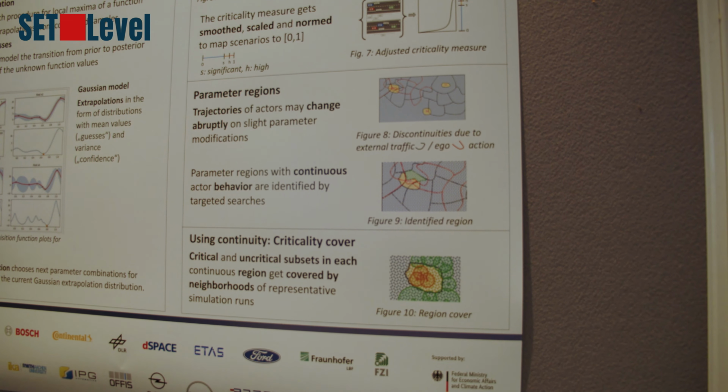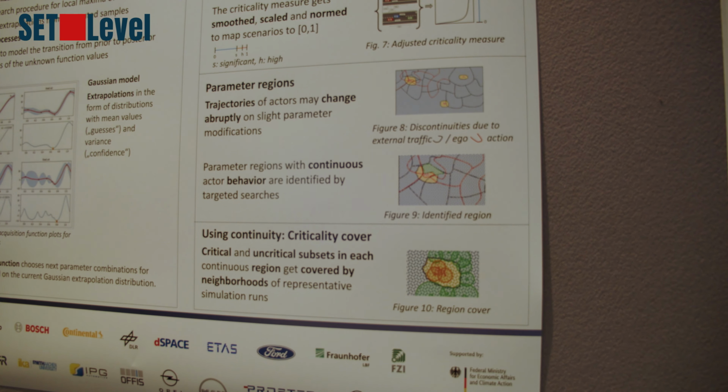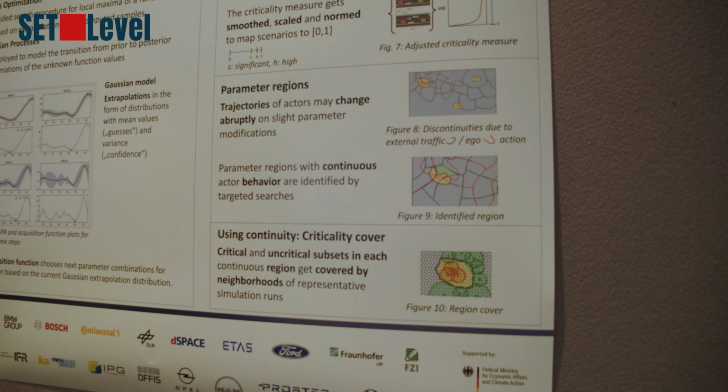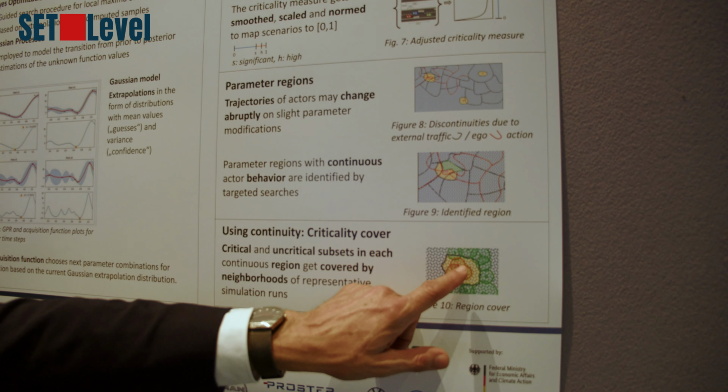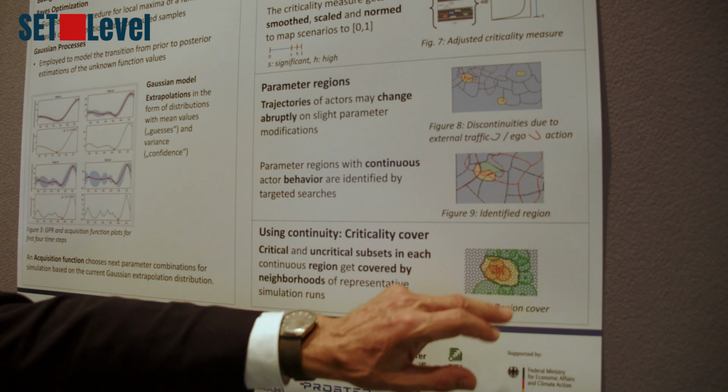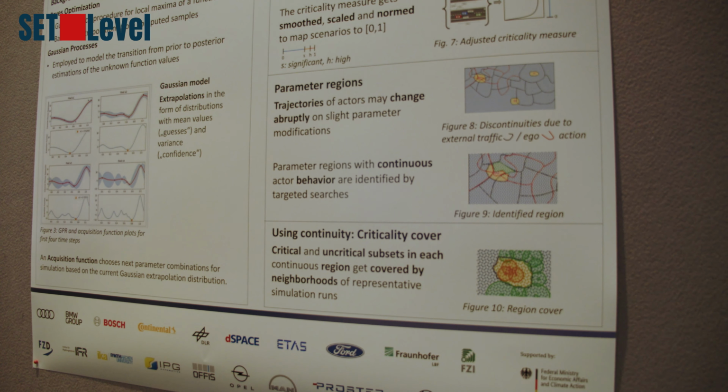This is the idea of a procedure which can give some kind of guarantee that nothing has been overlooked, because everything has been covered, and we know that there will not be any criticality outside of our covered set.